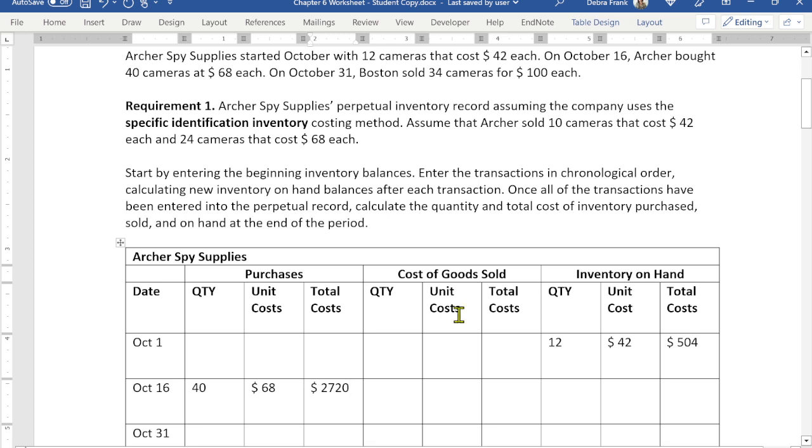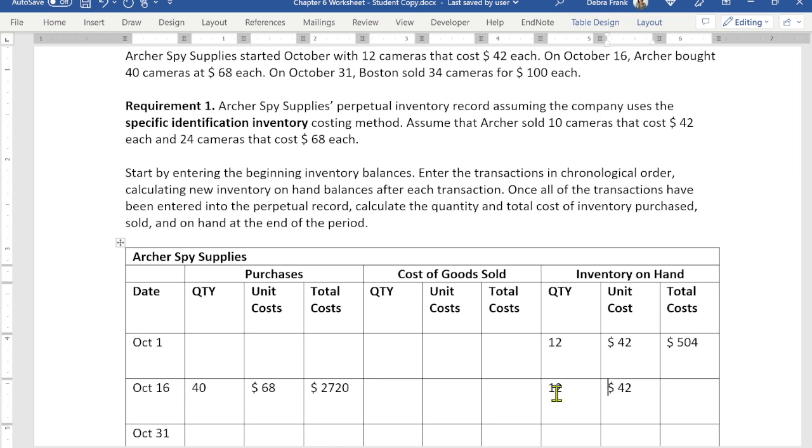What do we have left? Well, we sold 34, and 10 of them were at this cost range and 24 were at that cost range. Let me back up a bit. Let's bring down our totals here. So our inventory on hand for October 16th. We had the beginning at 12 for $42. So let's put that in first before I get ahead of myself here.